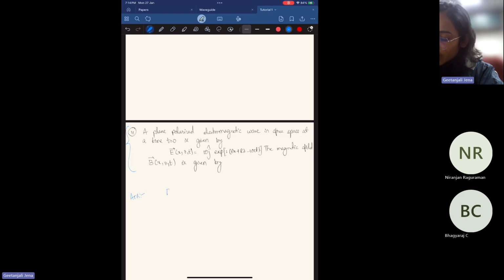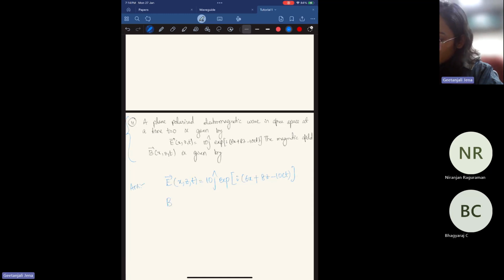It is given by E equals E0 j cap exponential i(6x + 8z - ct). Then what is the magnetic field?